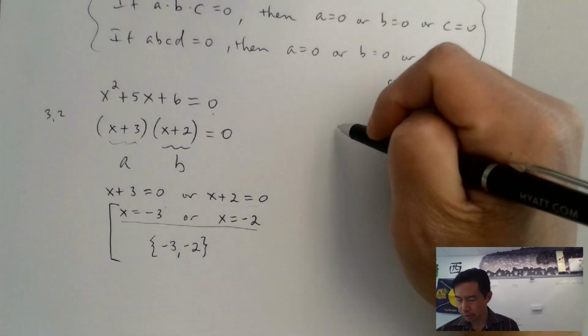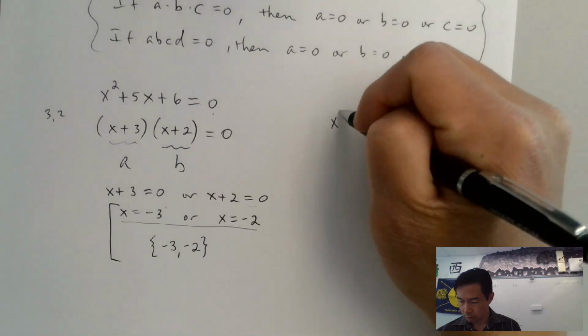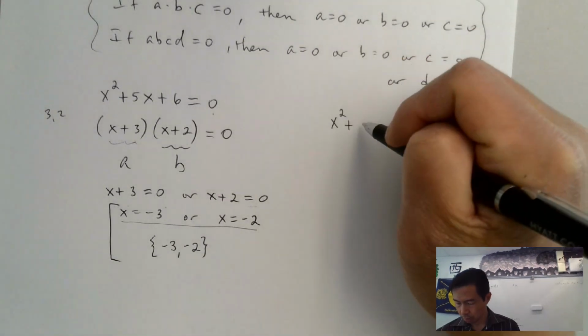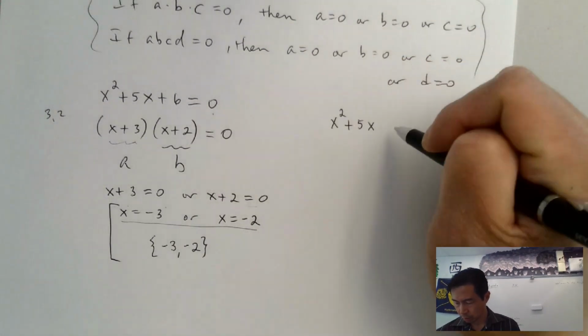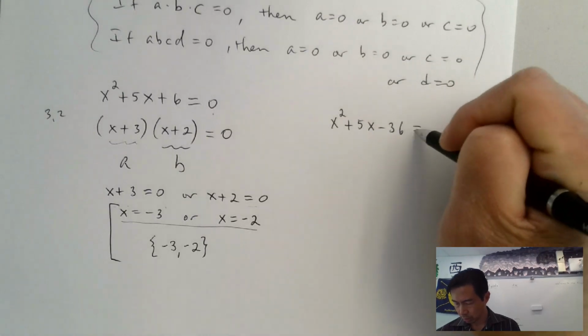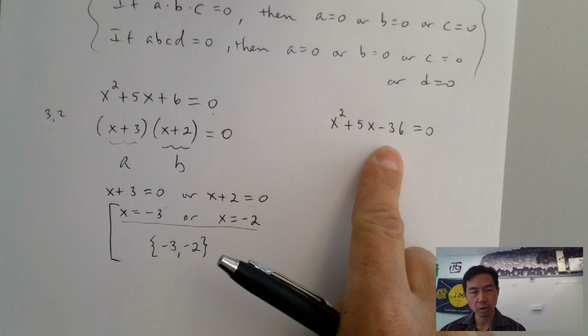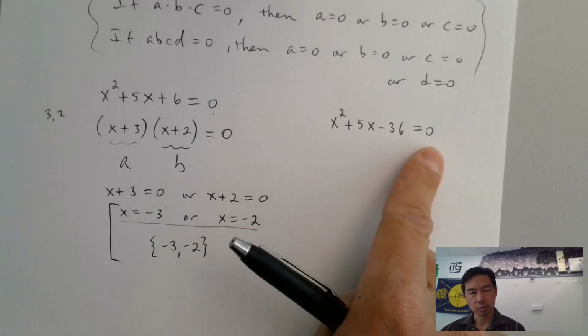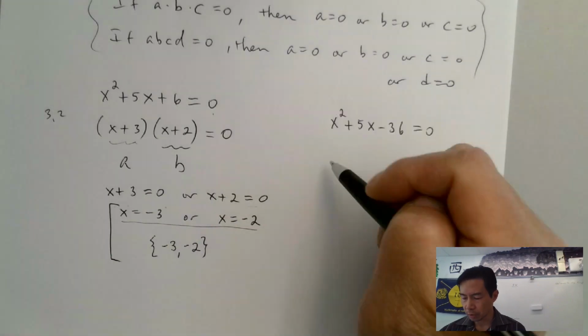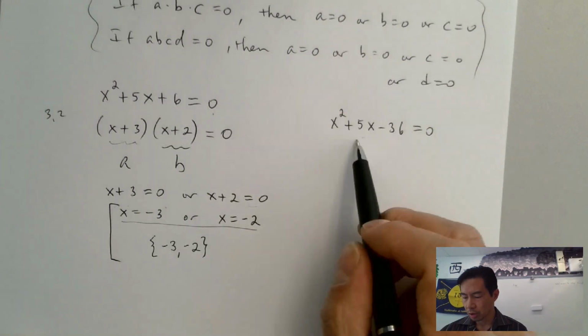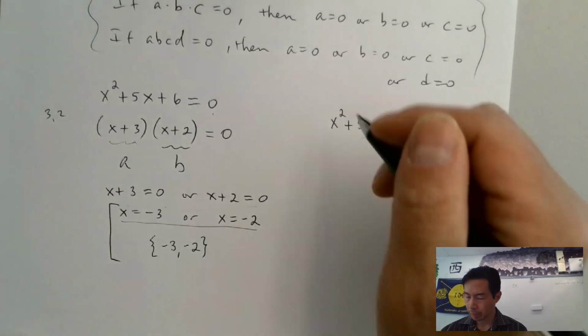Okay, let's try this again. Again I have my quadratic trinomial on the left, on the right 0, so I factor. The winners are 9 and negative 4.